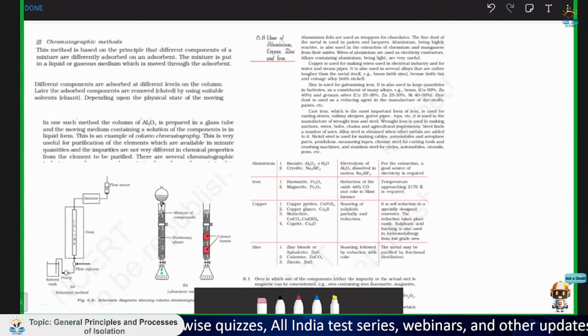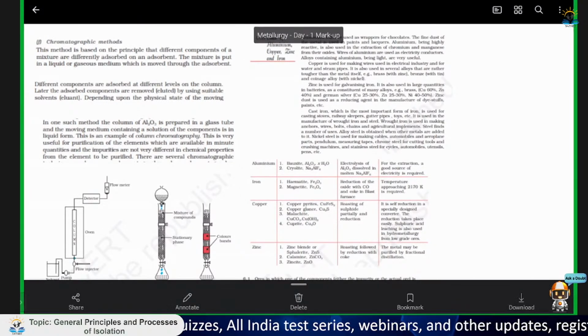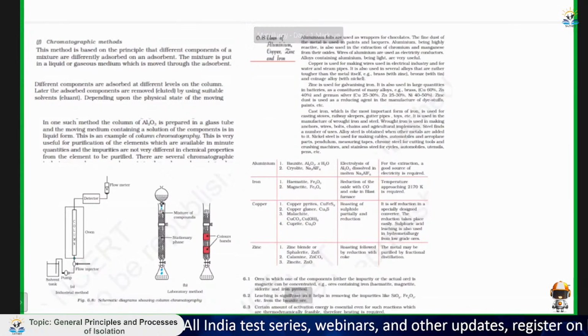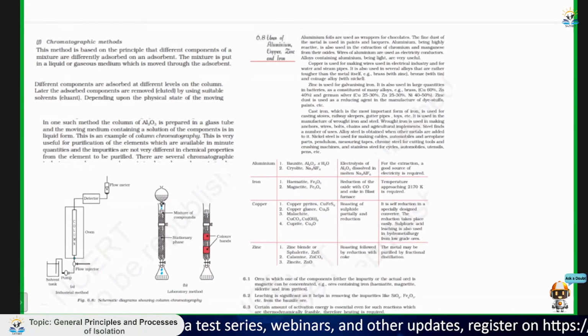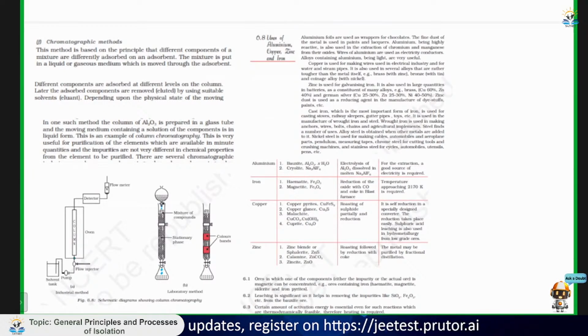This method is used when your impurities and your ore have highly similar chemical properties. When the case comes that they can't be separated by any physical methods and can't be separated well by chemical methods, you use chromatographic methods. Chromatography is based on the adsorption extent to any particular solvent.